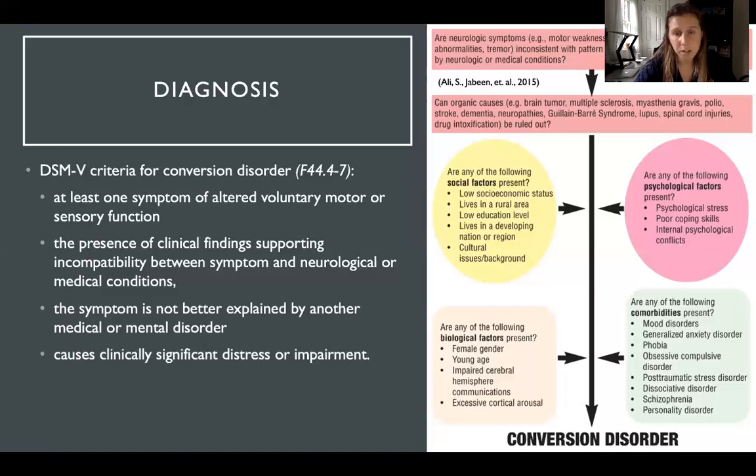So it's really important that healthcare providers in general are ruling out any of these other disorders that it might look like, but it is very difficult to diagnose.